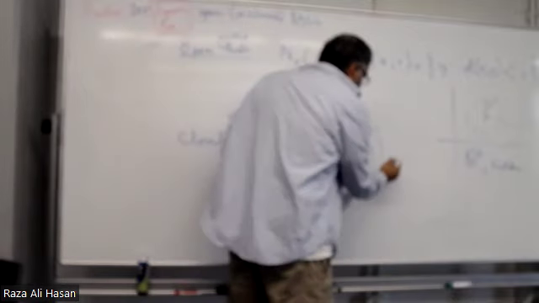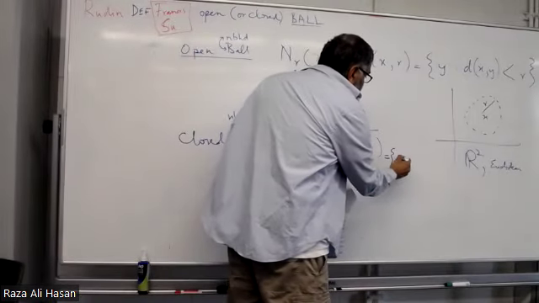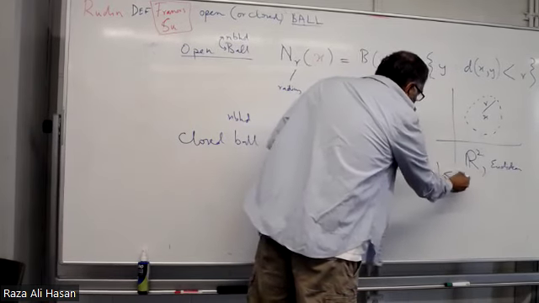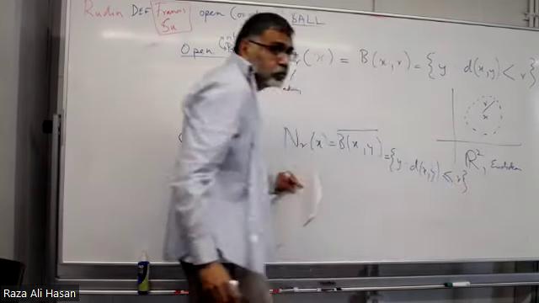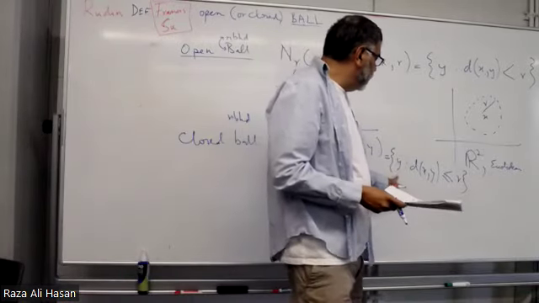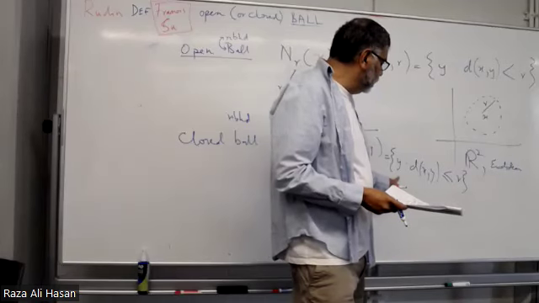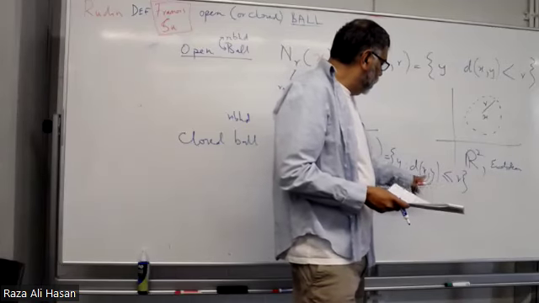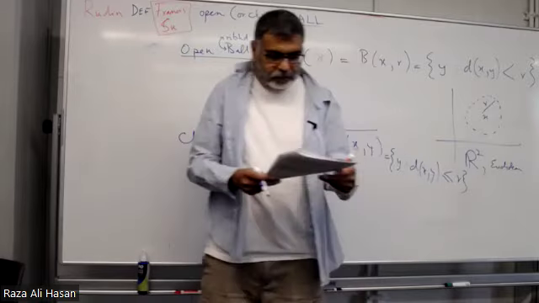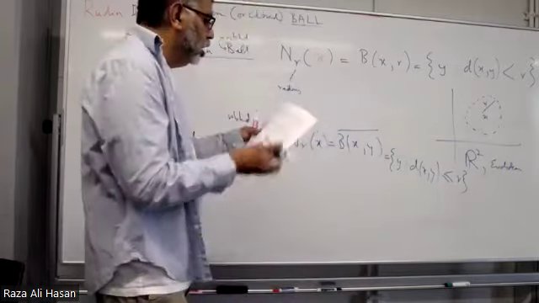And then he does what you just told me to fix, which is less than or equal to r. All points y that are inside the circle in the ball, including all the points of the boundary because of this equal to. Okay, let's move on.